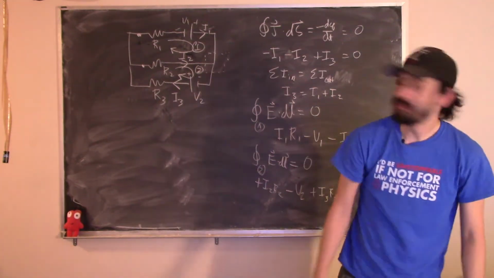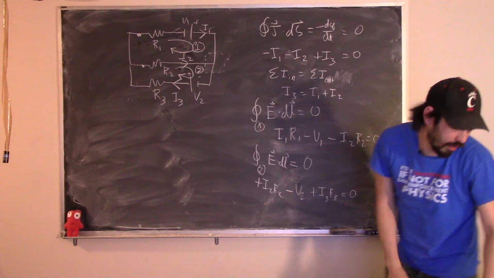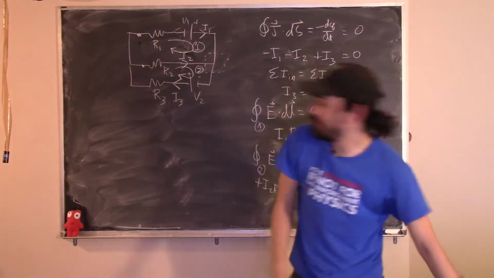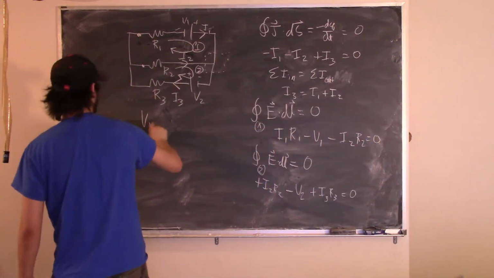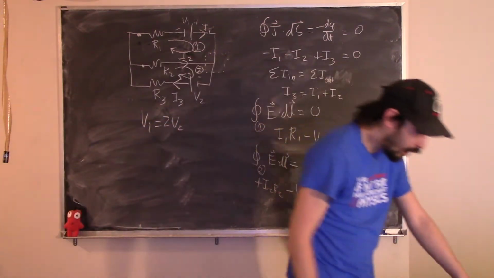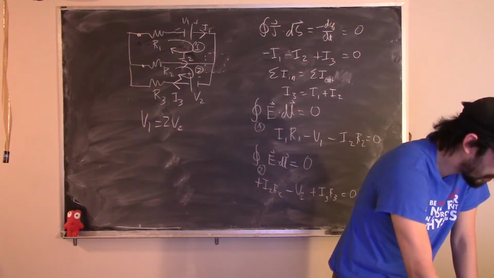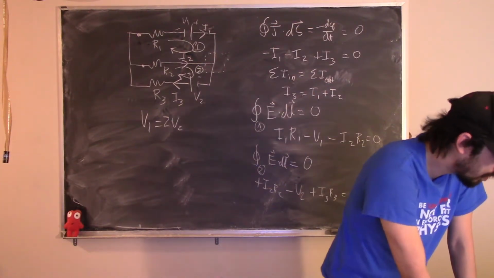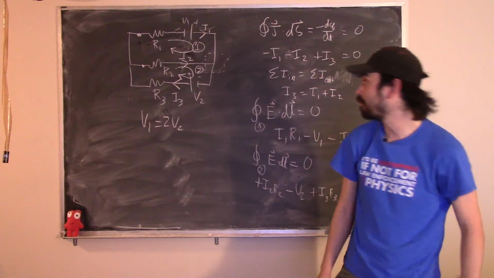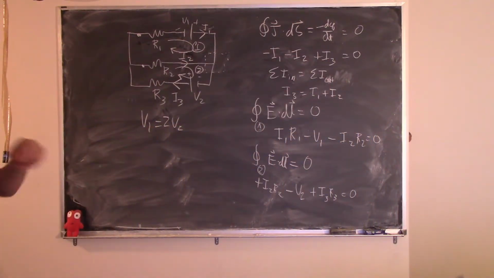So then let me see if there was any simplification made here. For this problem, what they say is if we say that V1 is equal to 2V2, how must R1 and R3 be related in order to have no current flow through the resistor R2? Okay? So this is one condition that we're given to simplify this.